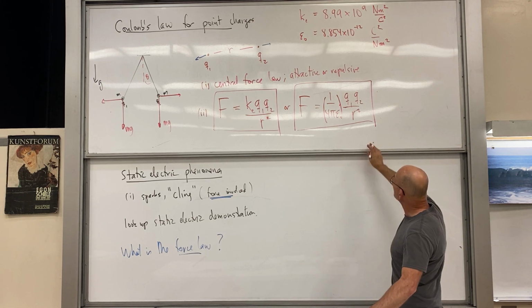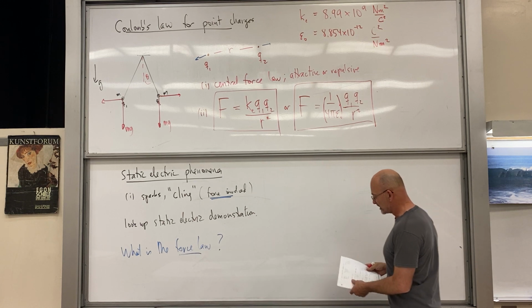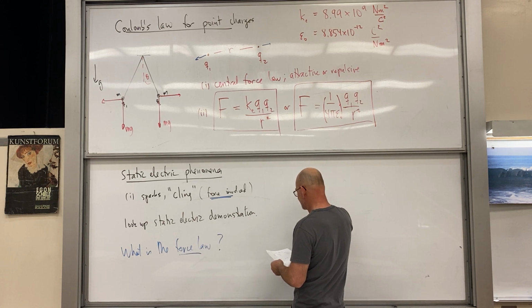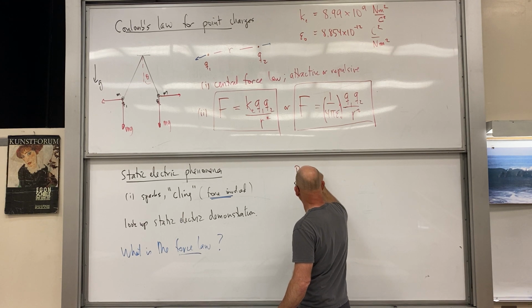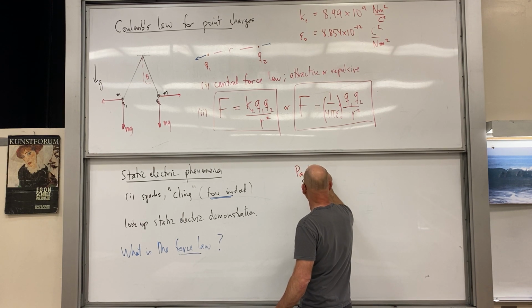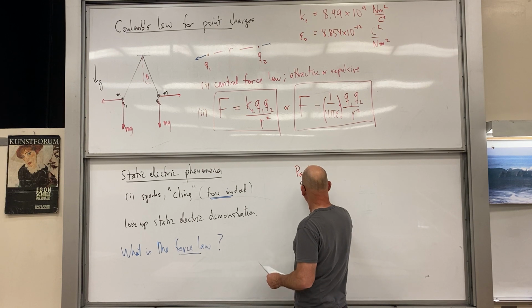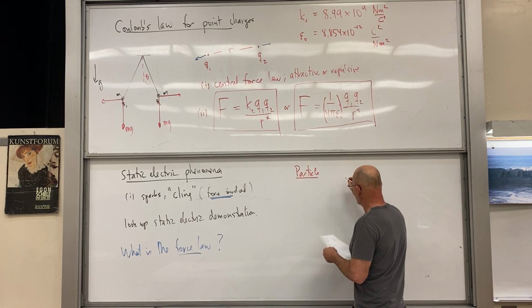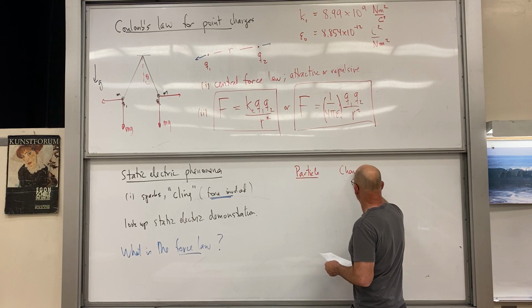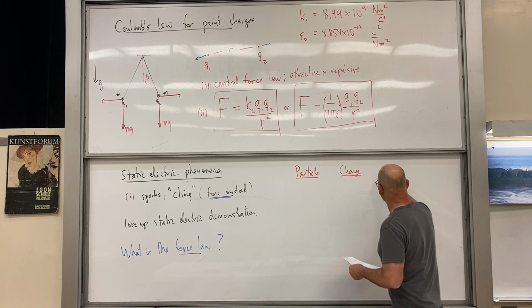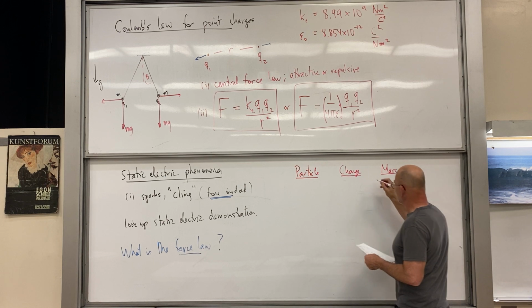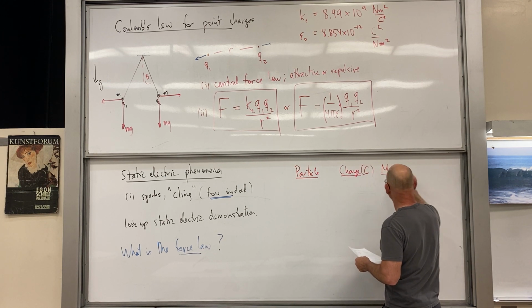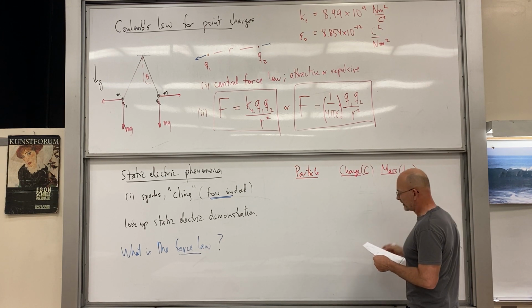Right under these natural constants up there, let's just put down three particles here. So we have the particle, and we have its charge, and we have its mass, and the charge will be in coulombs, the mass will be in kilograms.